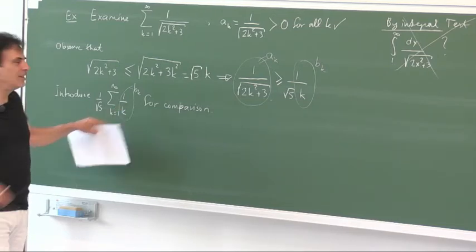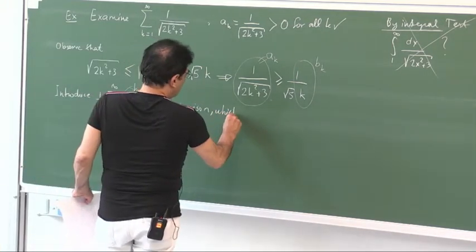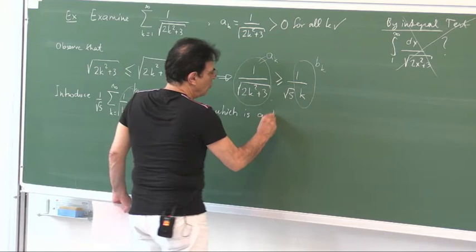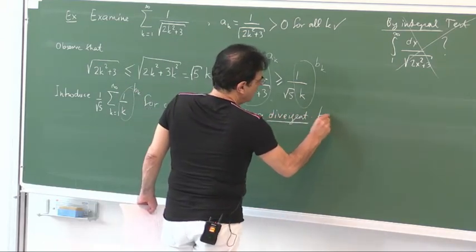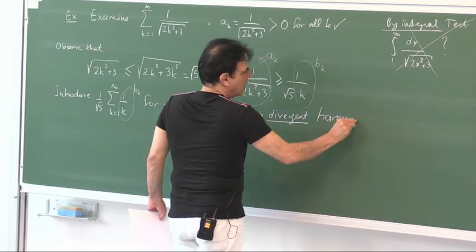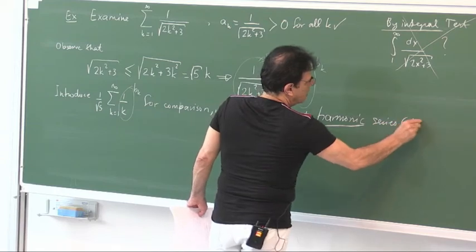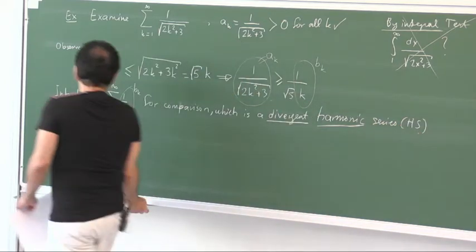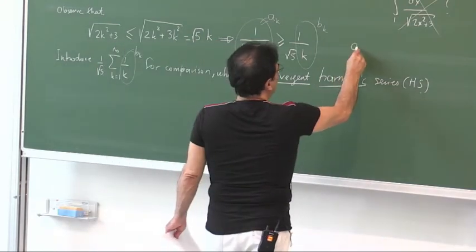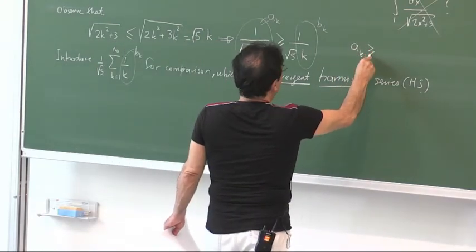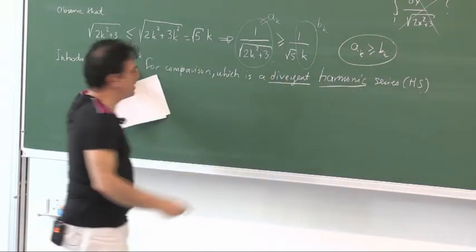Good? So, a divergent harmonic series. Okay? Now, we have shown that ak is larger than bk, and sigma bk is divergent.